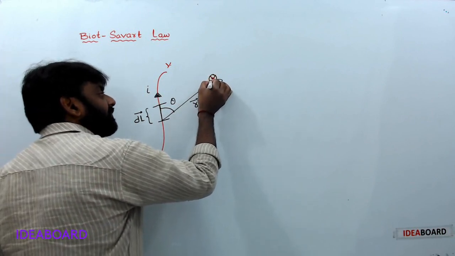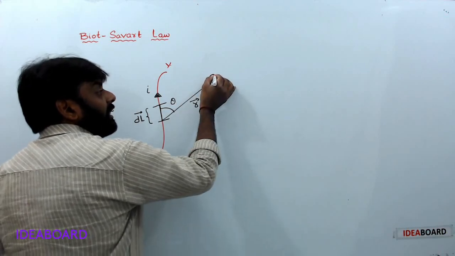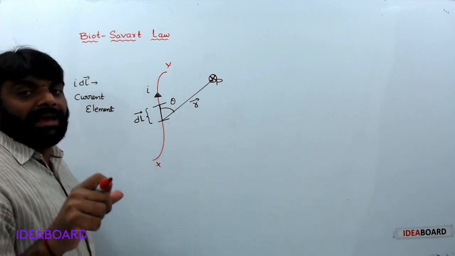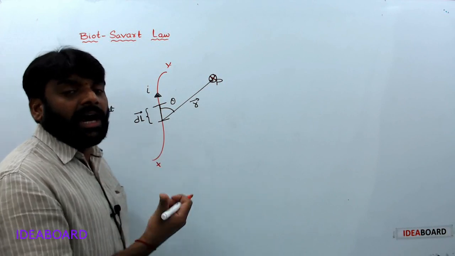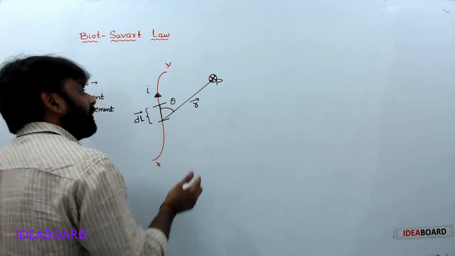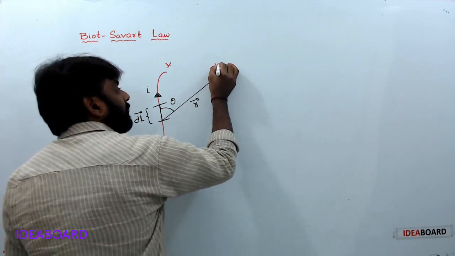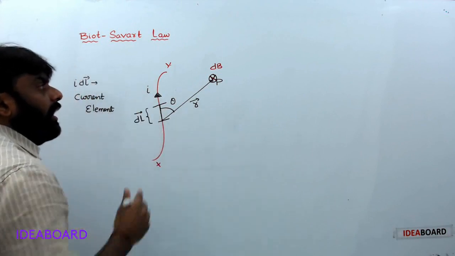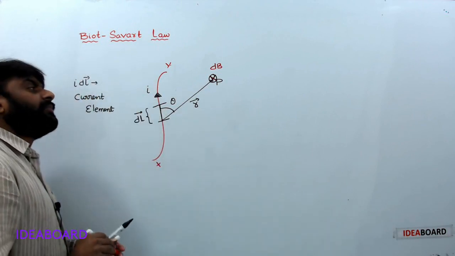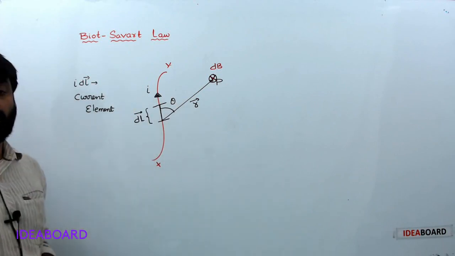Cross represents the magnetic field is inside, dot represents the magnetic field is outside. At this point P, the field intensity due to this element is dB.